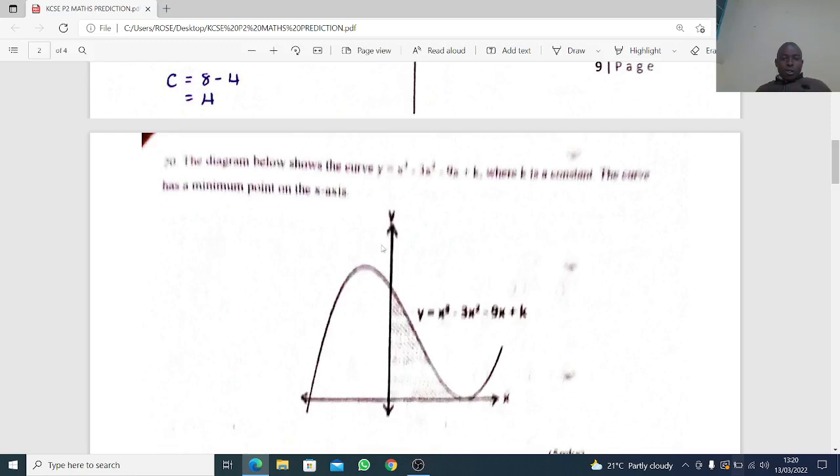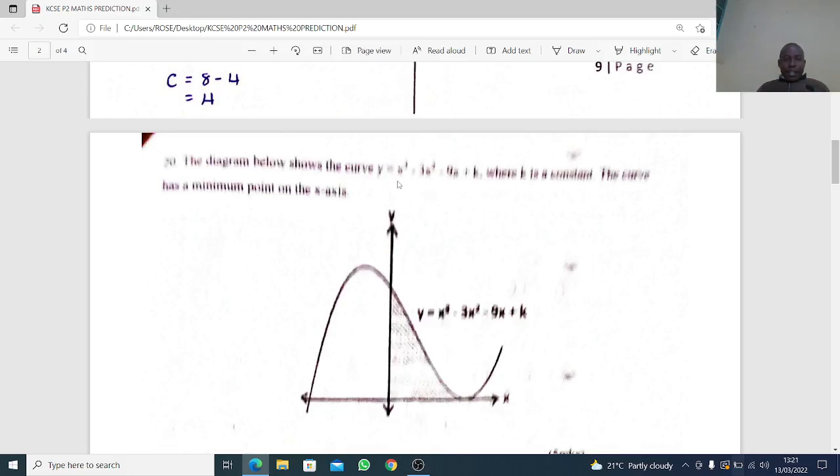The diagram below shows the curve y equals x cubed minus 3x squared minus 9x plus k.